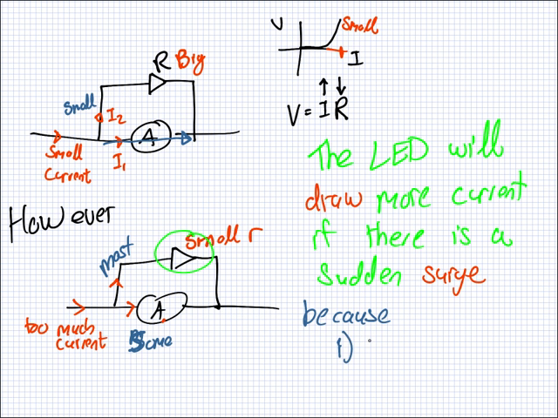Number one, high current means low resistance, and number two, current will be inversely proportional to 1 over resistance. Okay, kind of a lot for 3 marks.